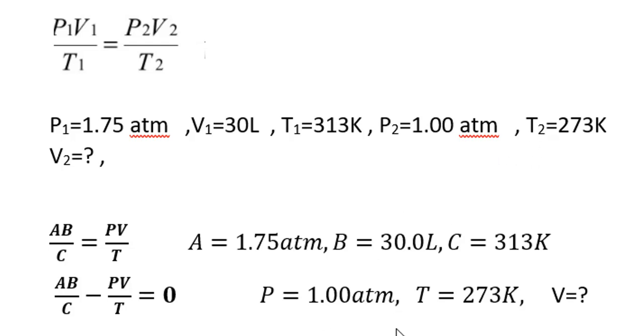T at T2 equals 270 K. So we're looking for V here. Remember, when you change the original formula into this, make sure you get equal to 0 form so that you can put it into the equation solver.